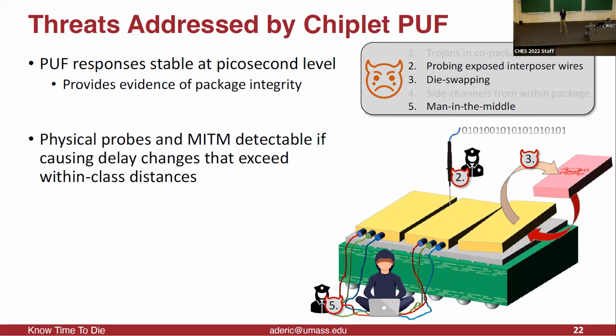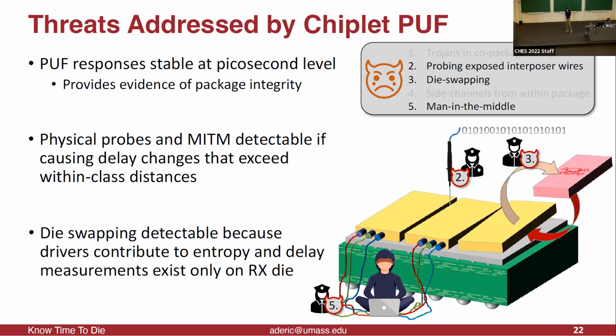If you're trying to do physical probing, you're going to have to do so in a way such that you're not changing the delay of any particular wire by more than a couple picoseconds. And if you're trying to swap the dies, that's also not going to work, because transistors are one of the sources of our entropy, so if you try doing that, you're going to mess up the delay again.